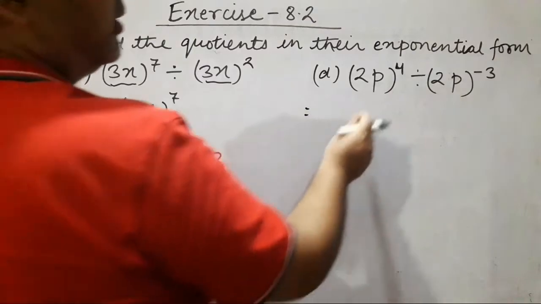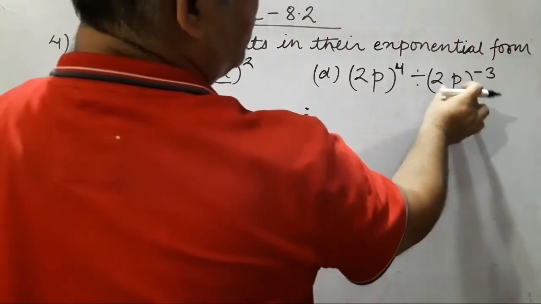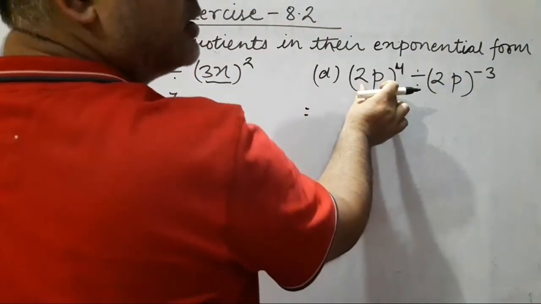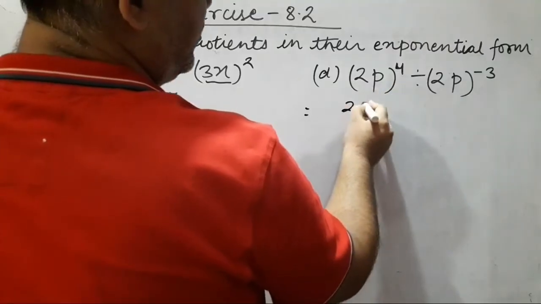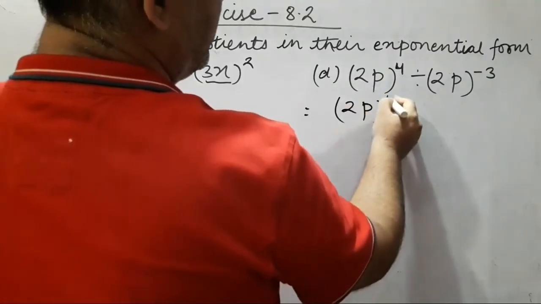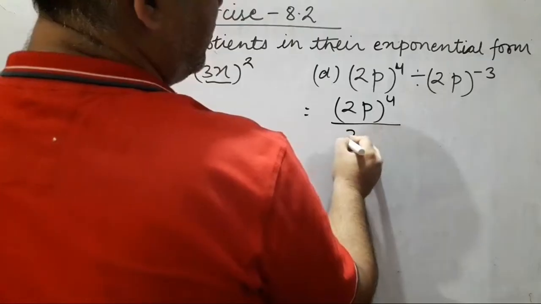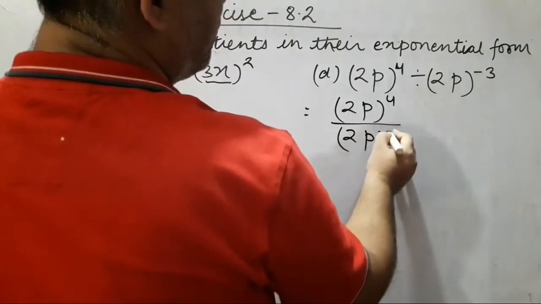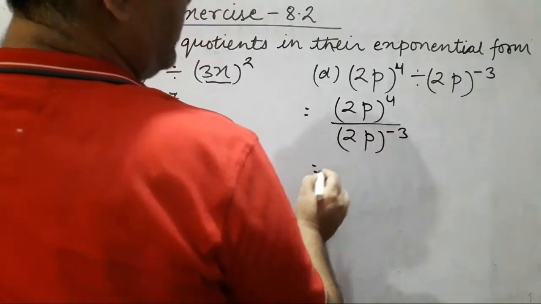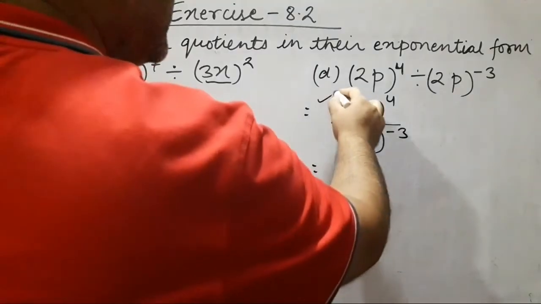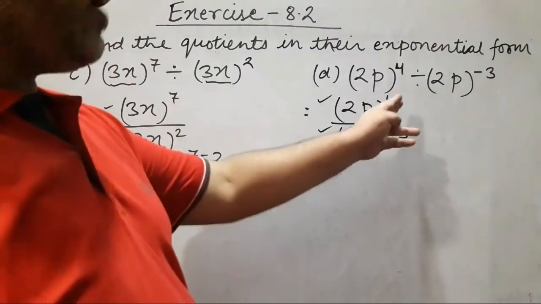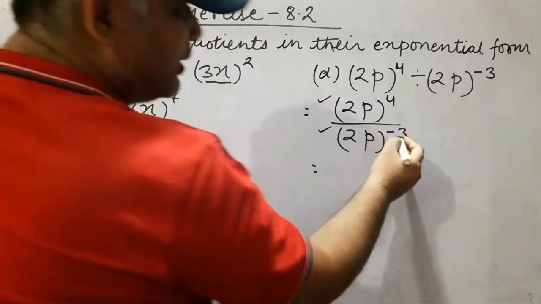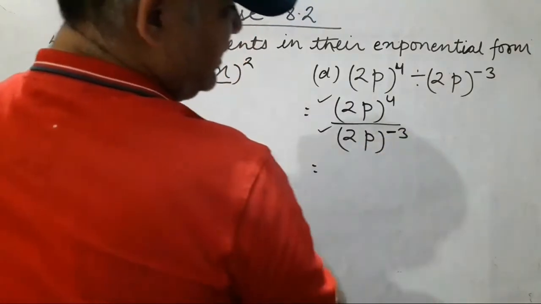Similarly here, bracket 2p, bracket 2p. Now bracket 2p will be considered as the base. So bracket 2p power 4 divided by bracket 2p power minus 3. Now when same bases are divided, then the power shall be subtracted. But here the power is in negative.